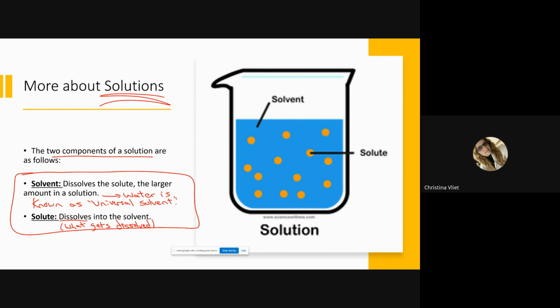And then the other thing that you're going to want to write down is a technical formula here. Solutes plus solvent, when we put all of that together, we get the solution.